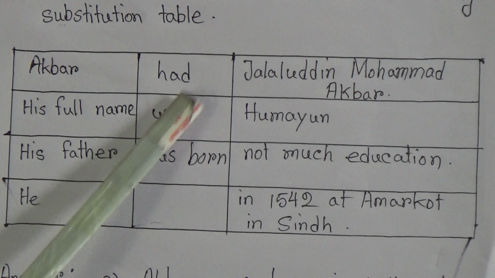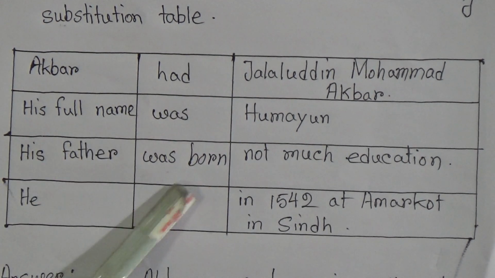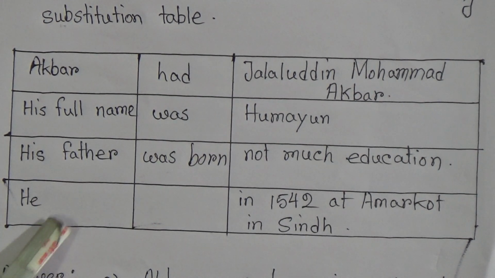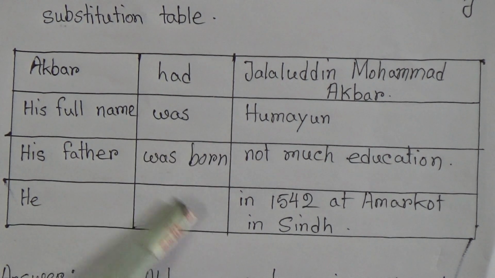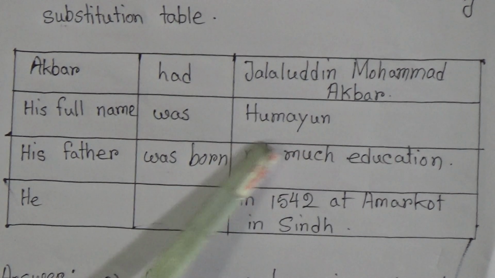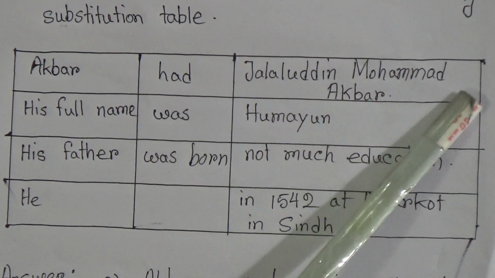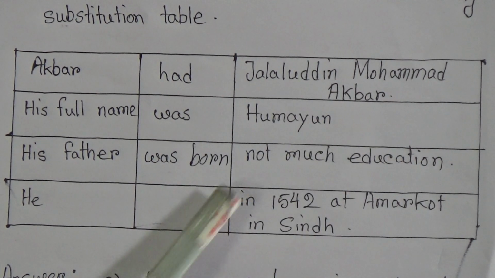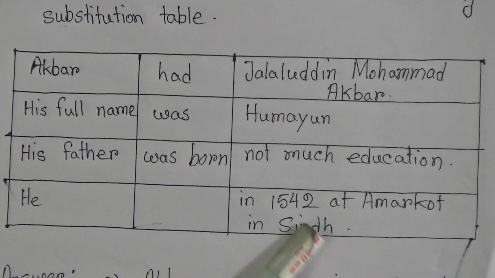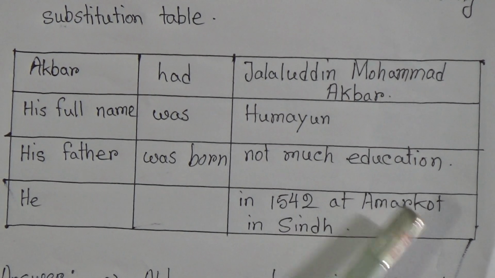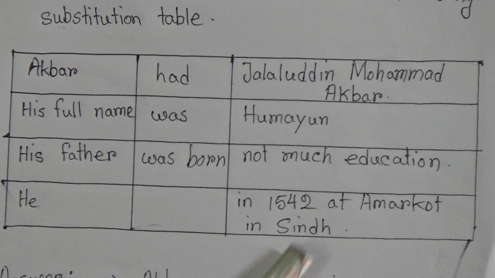Here is written Akbar, then his full name, his father, he, then had, was born. Then here are the other parts of the sentence: Jalaluddin Muhammad Akbar, Humayun, not much education, in 1542 at Amarkot in Sindh.